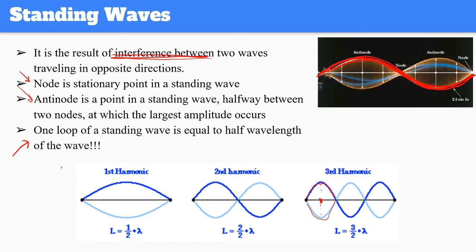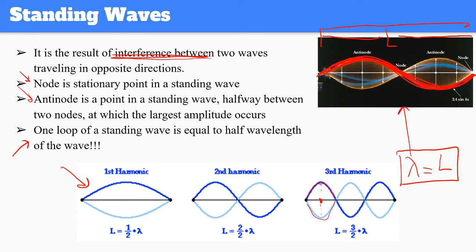Let's say I know the length of this distance. Then I can say the wavelength of this is equal to L, right? Because this is the repeating pattern. This shape is one complete wave, and it is repeating itself within that distance. So I can say this L is equal to my wavelength.